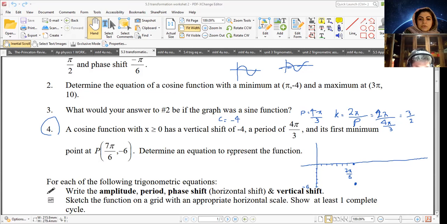Determine an equation to represent the function. I know that the cosine starts at maximum and this is my minimum, right? Half of the period is from the maximum to the minimum. What is my period? 4 pi over 3. Half of that is what? 4 pi over 3 divided by 2 is 4 pi over 6.